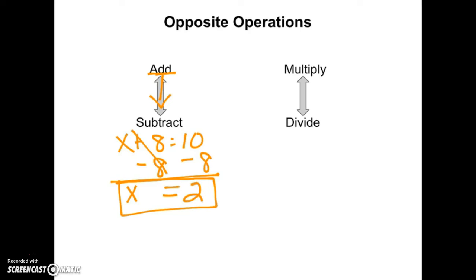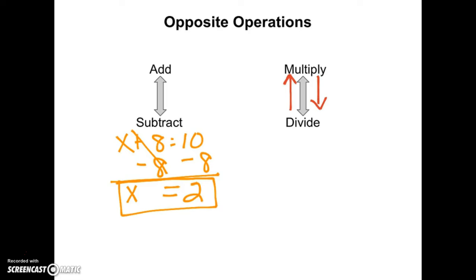The opposite of subtracting is going to be adding. And then we have our other two operations over here. The opposite of multiplying is dividing, and the opposite of dividing is multiplying. You're going to notice that these are like little two-way streets, so it's not hard to remember. I think most of you probably know this already.